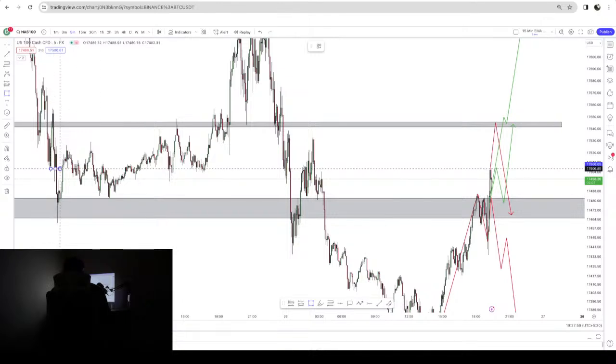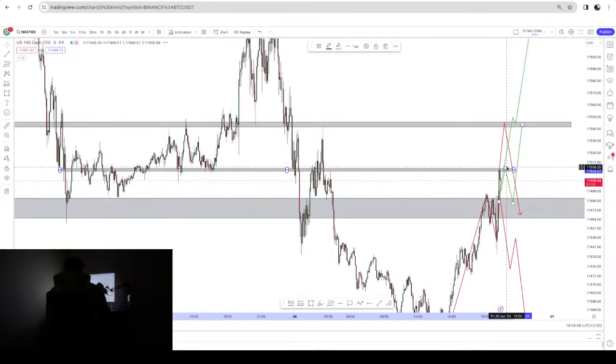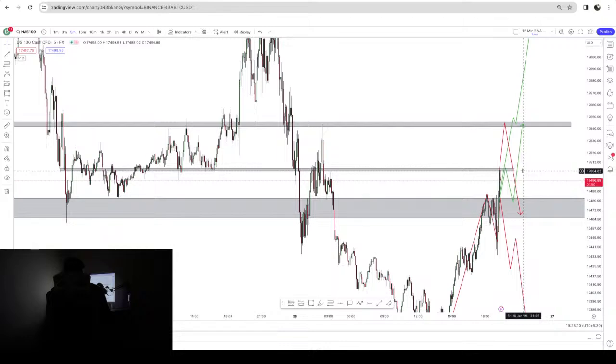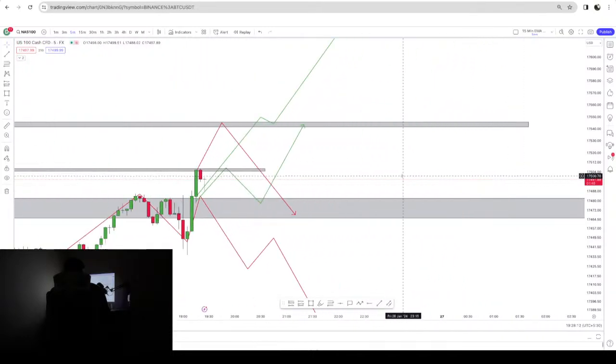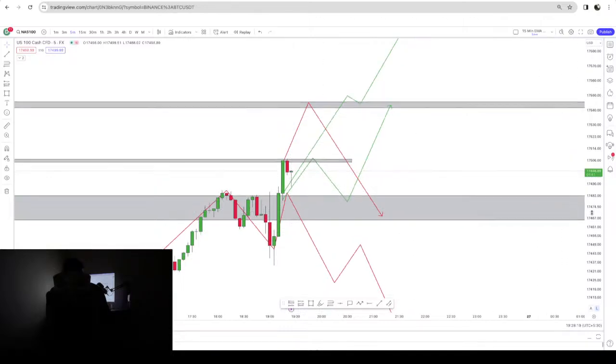So this is a good zone. Market has reacted to this zone a lot of times. And if this candle closes below this, it's a proper bearish engulfing candle.